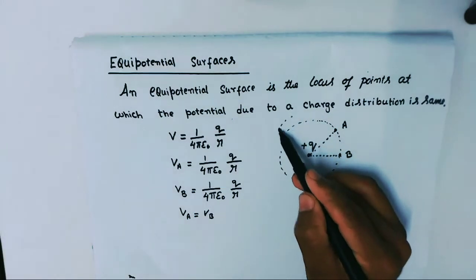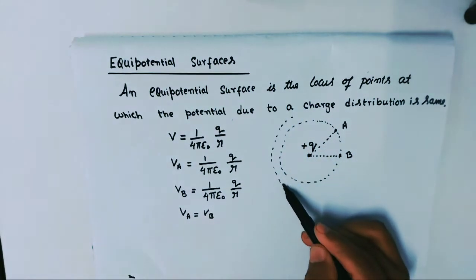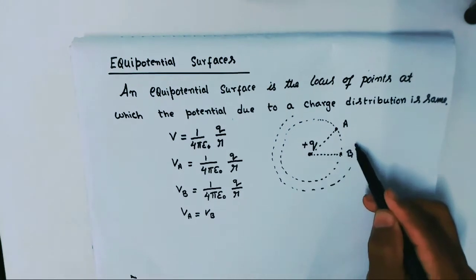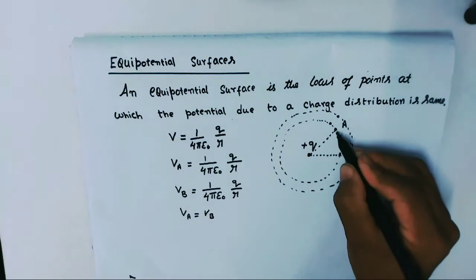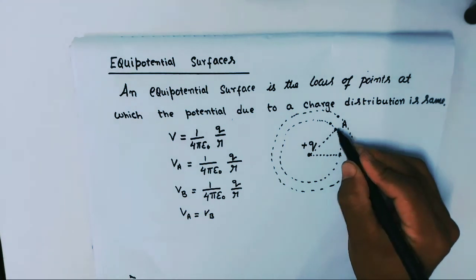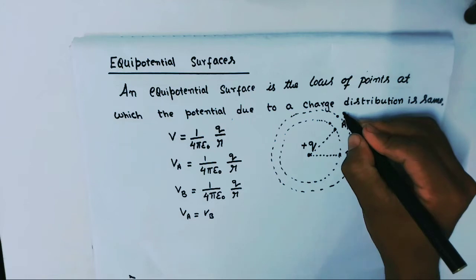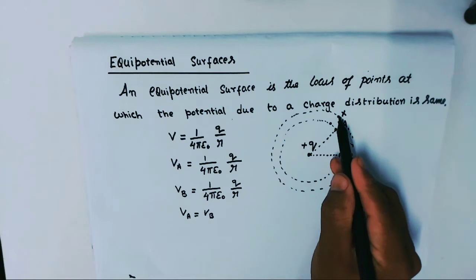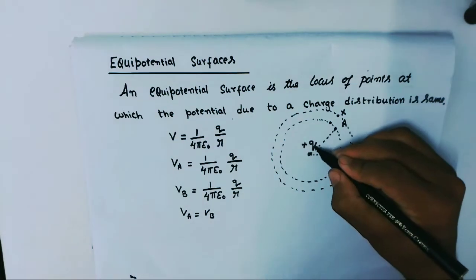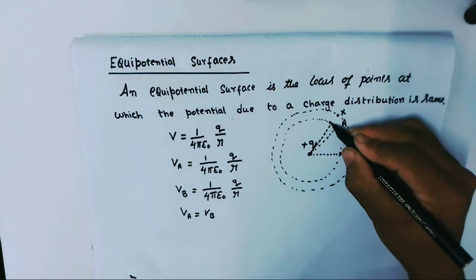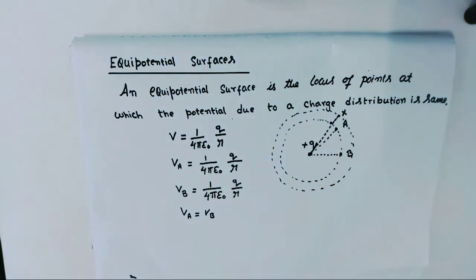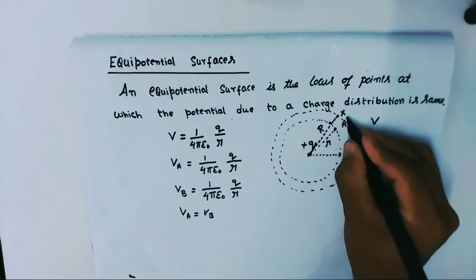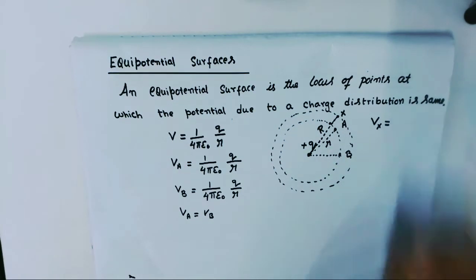Suppose if we draw another equipotential surface. Suppose this is a point A, the potential is VA. If we choose another point, say X, on this surface, which of the points will have more potential? If we draw a line from here to this point, suppose this one is R and this one is capital R, the potential at point X will be Vx.